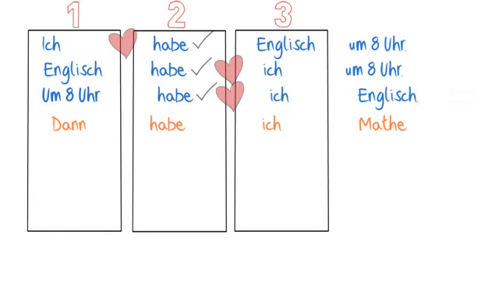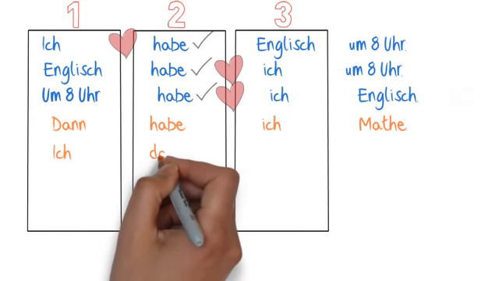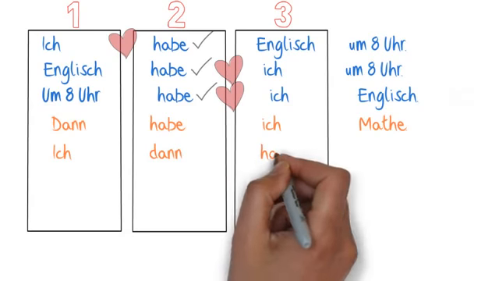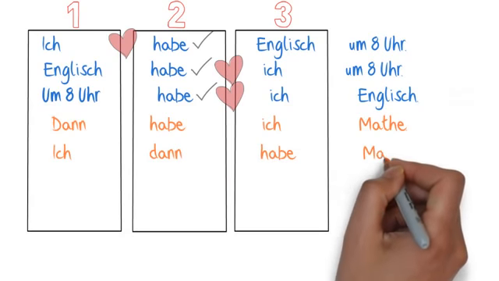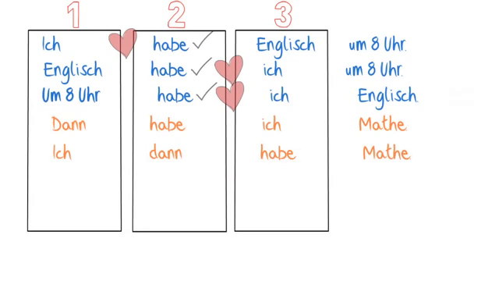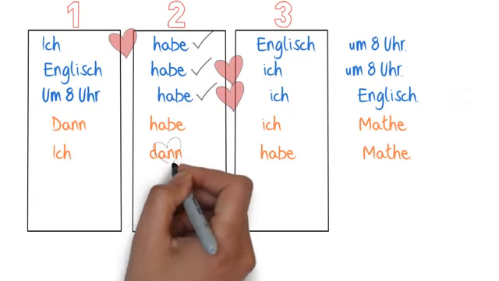Again, try pausing the video and see if you can come up with some other ways of phrasing this sentence. If we started with ich, we could make this sentence, right? Let's see.